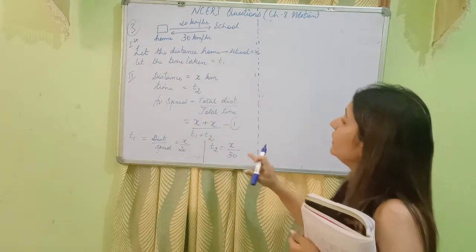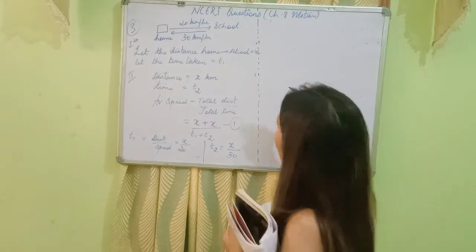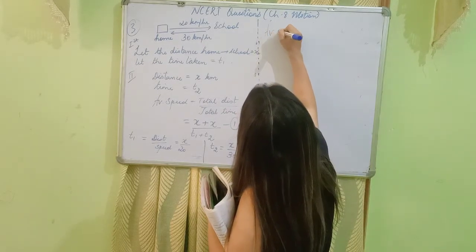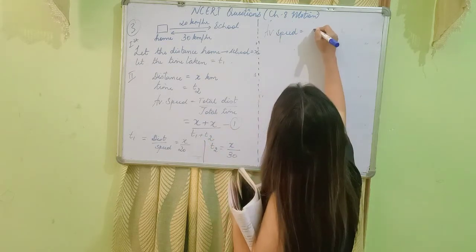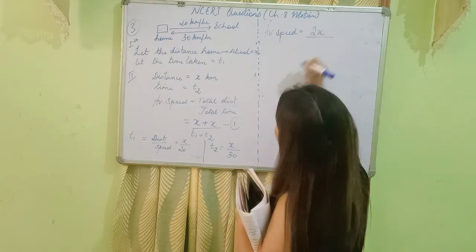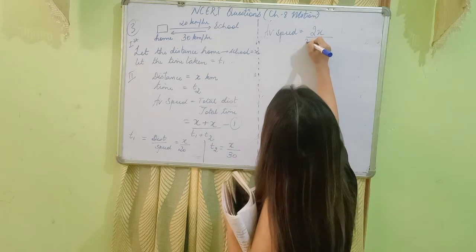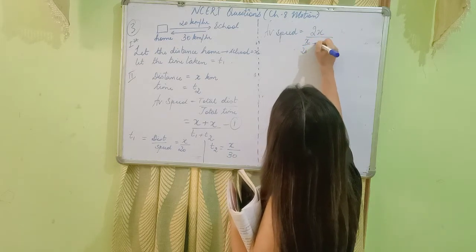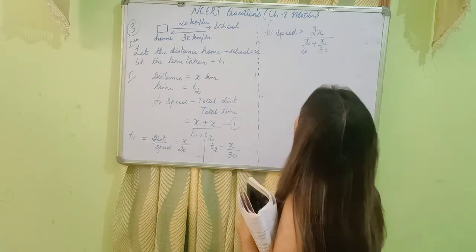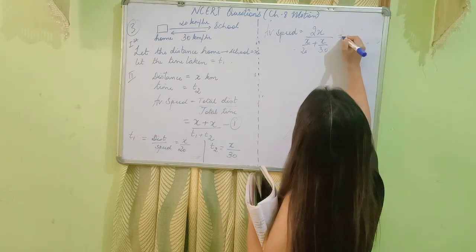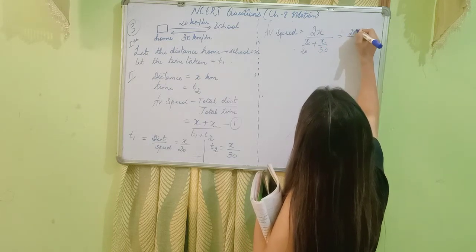Putting the values of t1 and t2 in equation 1, average speed is equal to total distance x plus x, which is 2x, by t1 plus t2. Now this is x by 20 plus x by 30. Let's take out the LCM. This is 2x.